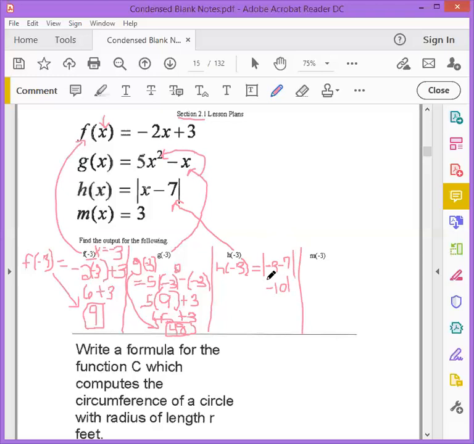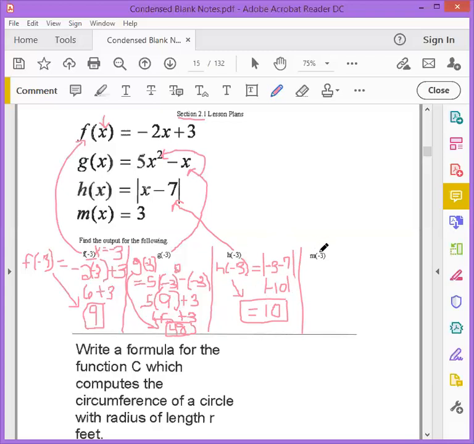And we want to find the absolute value of -10. The absolute value means the distance from 0 on the number line. So this will be 10. -10 is 10 spaces away from 0 on the number line. So the value of the h function when x is -3 will be 10.